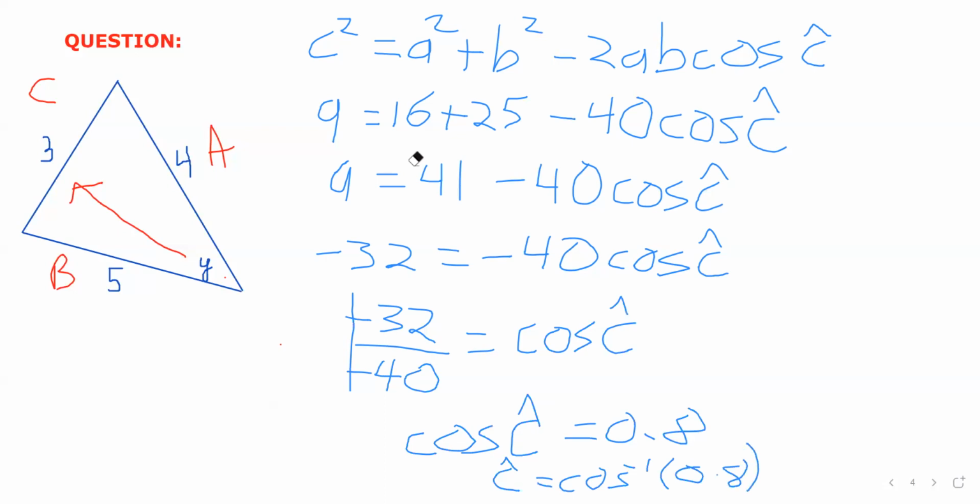So I need to put it in a calculator. Cos inverse 0.8 will be 36.87 degrees, and that is the answer. So that'll be the angle for C.